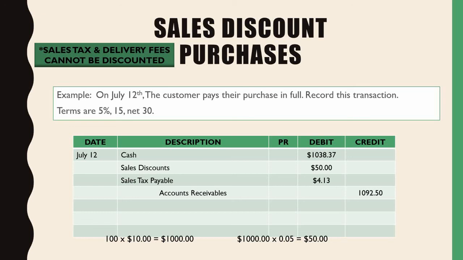Now, do they have to be in a specific order? No, they could be whatever order you want. If you want to put sales tax payable because that's what you recognize first, or if you want to recognize the discount first, you can do that as well, as long as your debits are in your debits and your credits are in your credits.